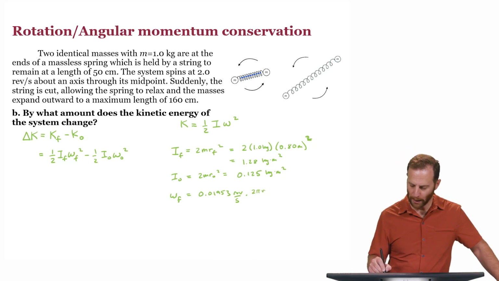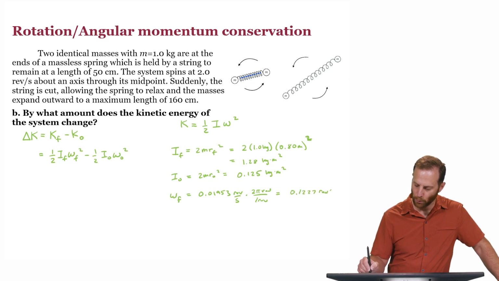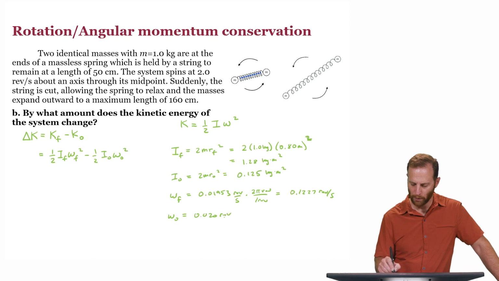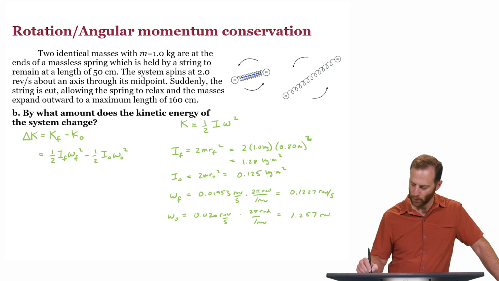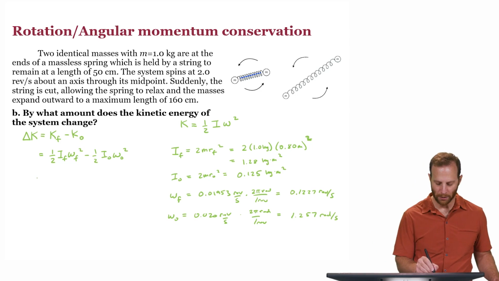There are 2 pi radians for every 1 revolution, and so you should determine that the angular speed here is 0.1227 radians per second. And finally, omega naught was 0.020 revolutions per second. The same conversion will take place, and we find that this was 1.257 radians per second. All of those numbers can now be plugged into this formula.